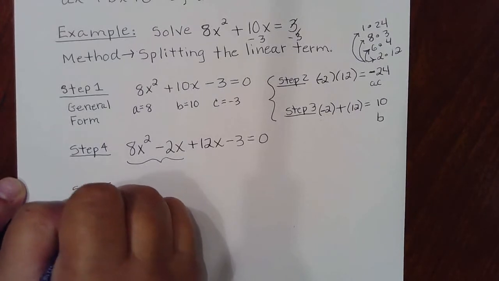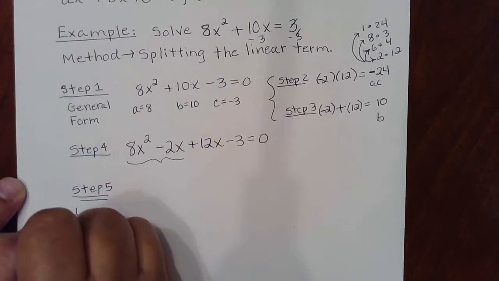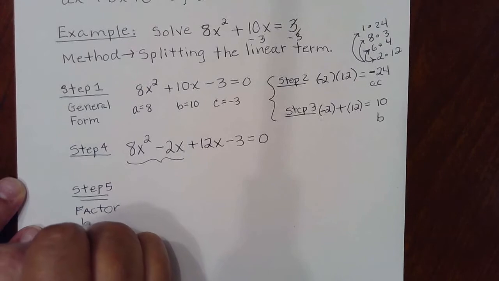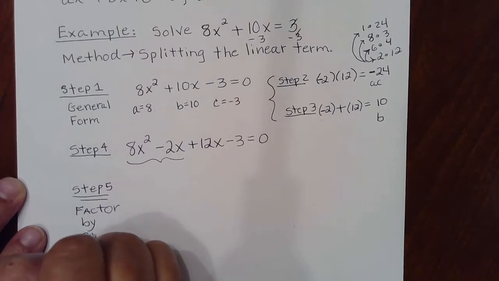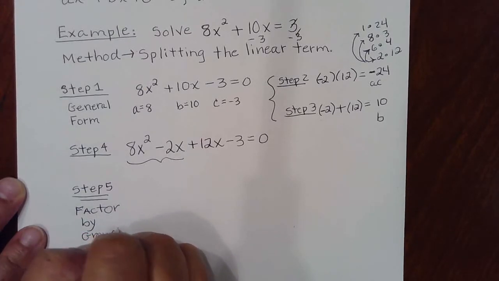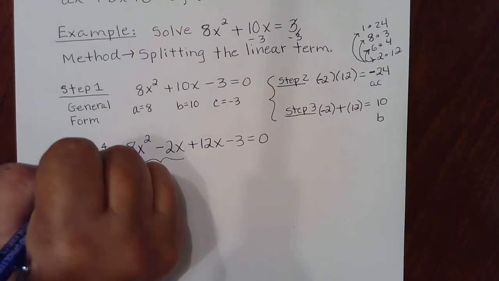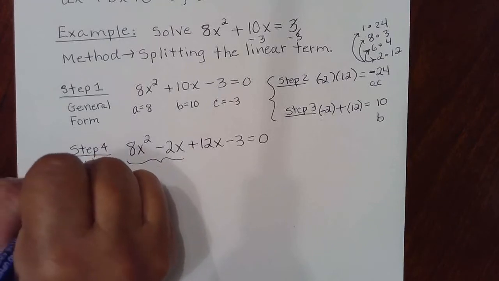this will be step 5, where we're going to factor by grouping. Here we split the middle term.